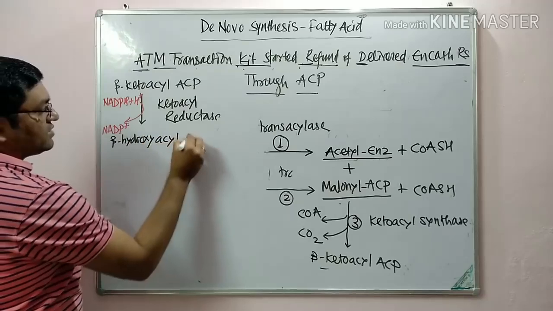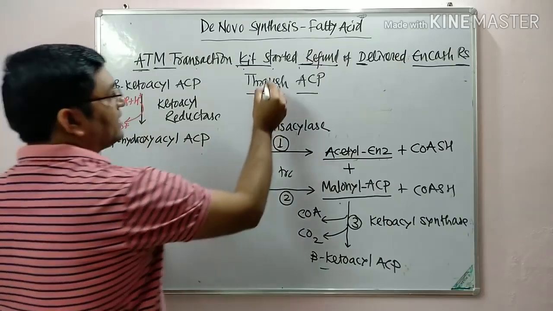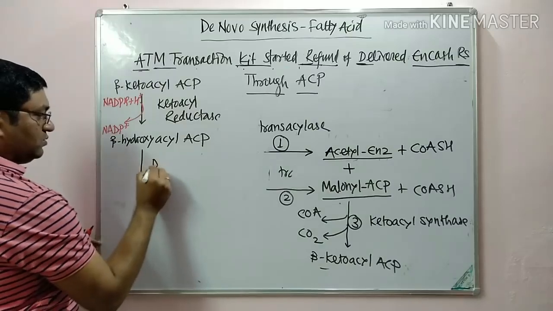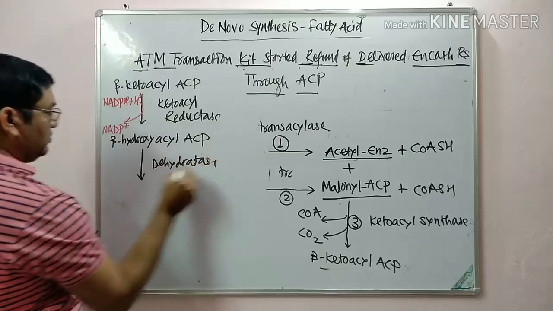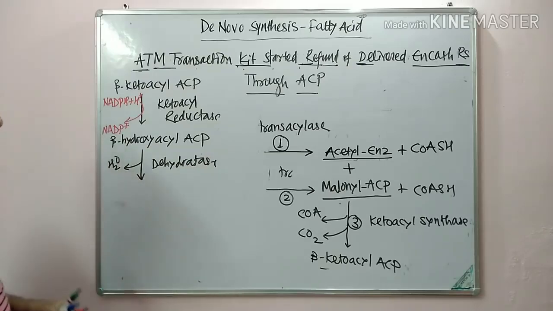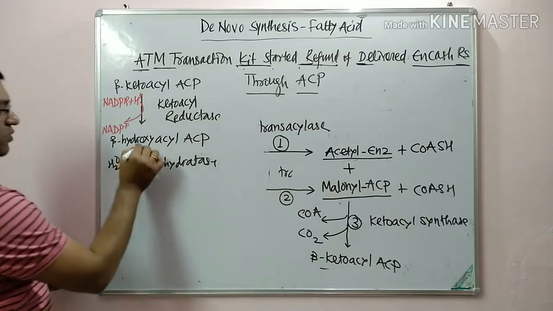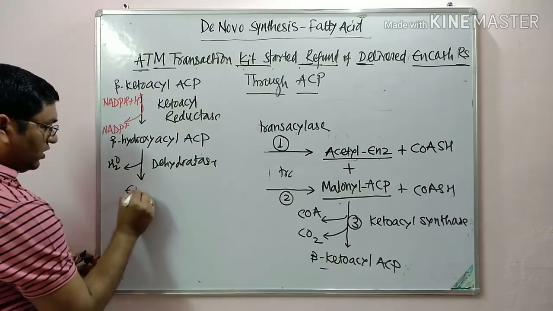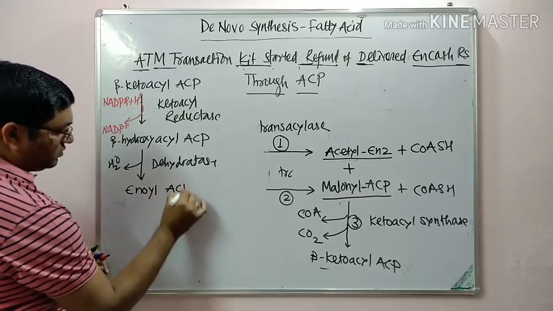In the next reaction, catalyzed by dehydratase, there is removal of a water molecule and formation of a double bond, and this compound is converted into enoyl ACP.